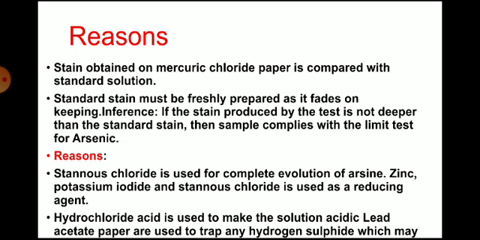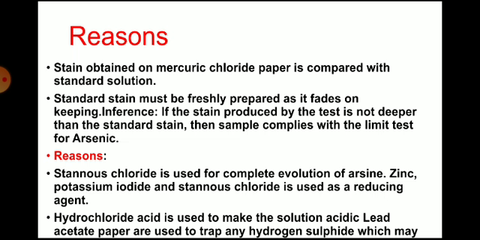The standard stain must be freshly prepared, as it will fade on keeping. The inference of this test is that if the stain produced by the test is not deeper than the standard stain, the sample may comply with the limit test for arsenic.